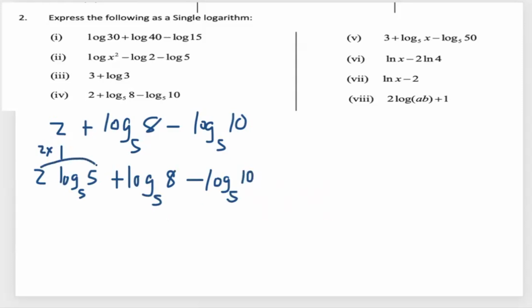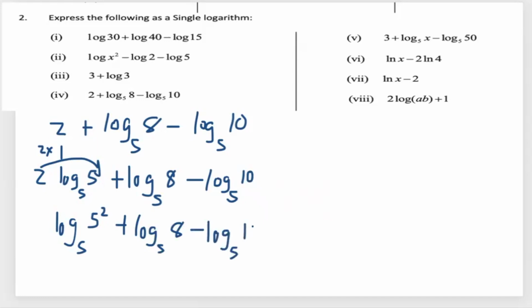Now we're going to carry this upwards. So I have log base 5 of 5 squared. Remember, you carry it upwards. By right, let me just do an additional step. It's going to be log base 5 of 5 squared, plus log base 5 of 8, minus log base 5 of 10. And 5 squared is 25.